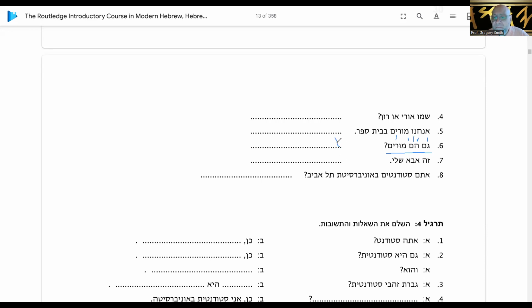I'll write this one just to give you an idea. So Gam, that means also, and it will change like this, a nun sofit, hen. So that means they, feminine plural. And then this morim is in the masculine sense, so we need to change that to morot.